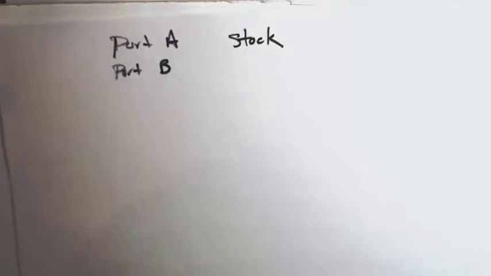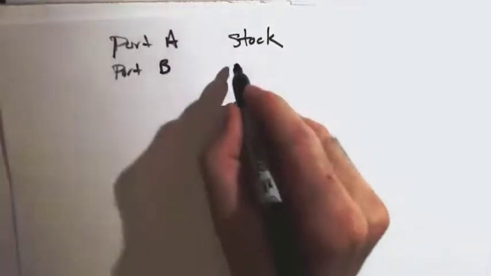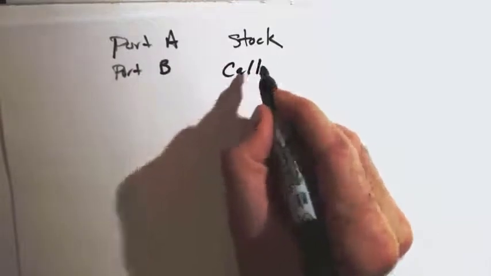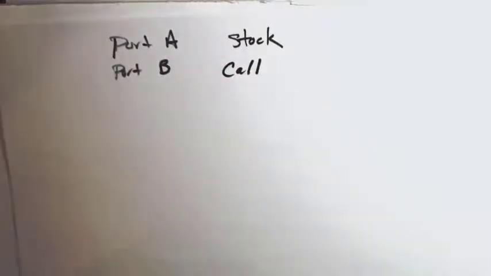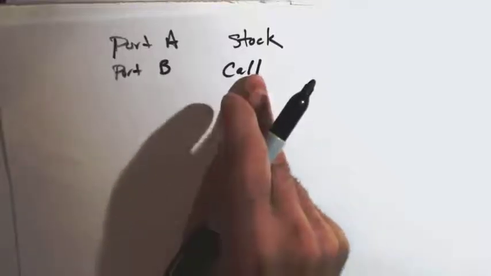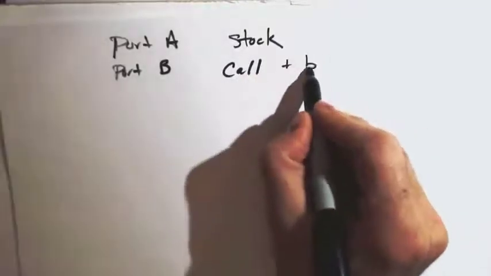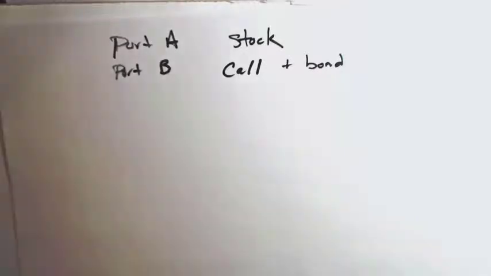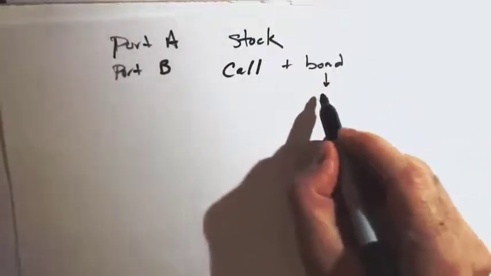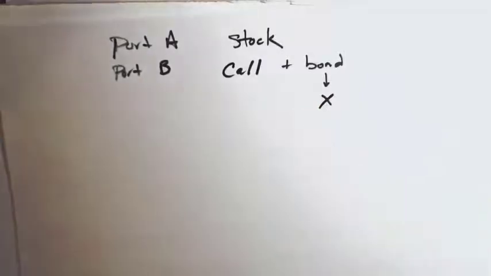And then we have portfolio B. And portfolio B is going to be composed of two things. You're going to own a stock, own a call option. Okay, you're going to own a European call, and then we're going to own a bond. Okay, and the bond will mature at X, at maturity.